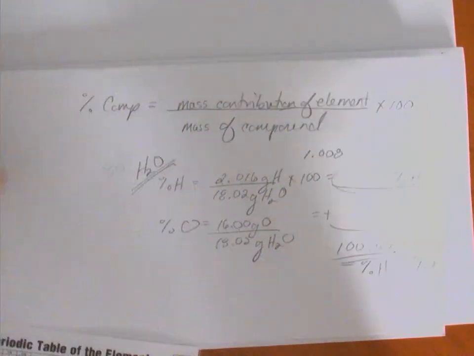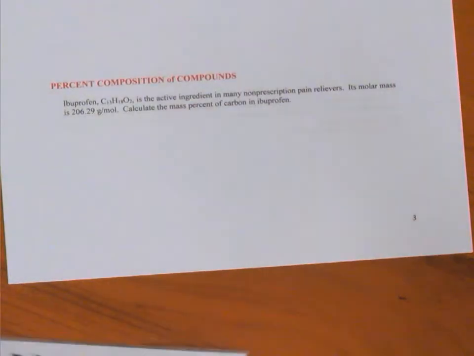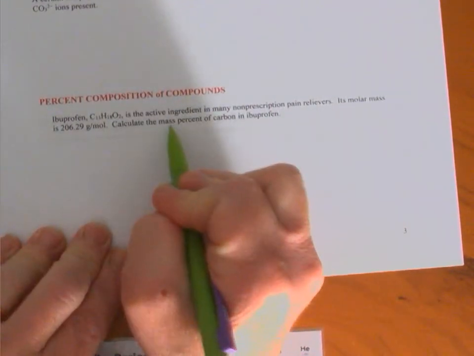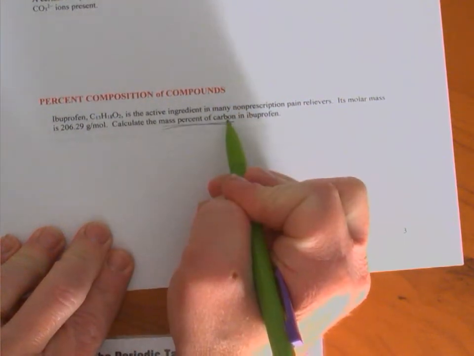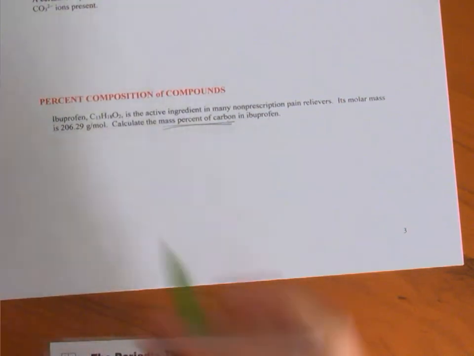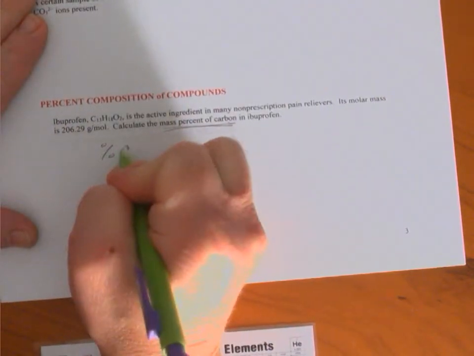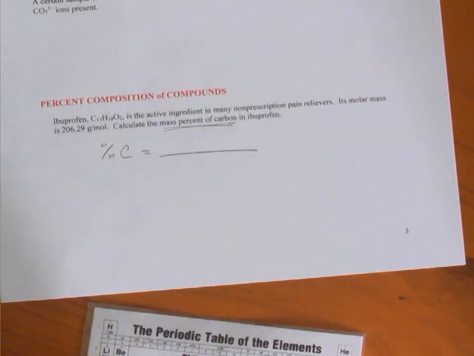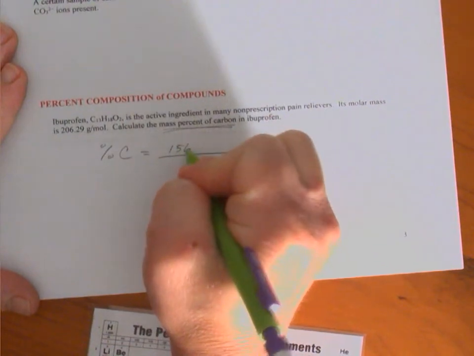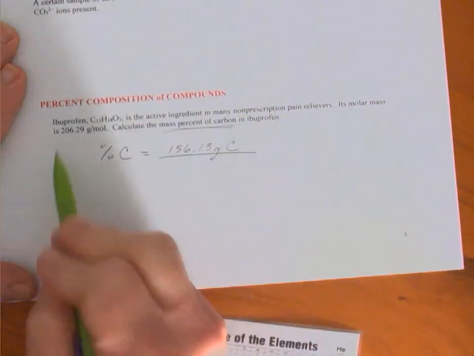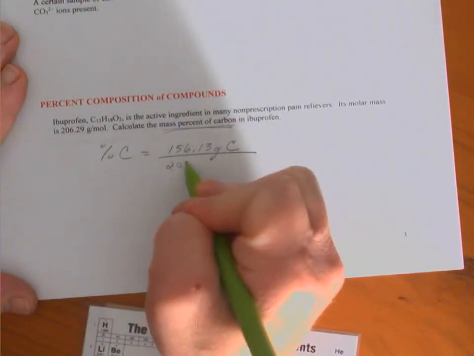Okay, so if we dig into a problem, this is asking us to find the mass percent of carbon in ibuprofen. So we only have to find one value. So the percent of carbon here, we would need 13 times the average atomic mass of carbon, divided out by 156.13 grams, and nice, the problem actually gives us the molar mass of the ibuprofen.